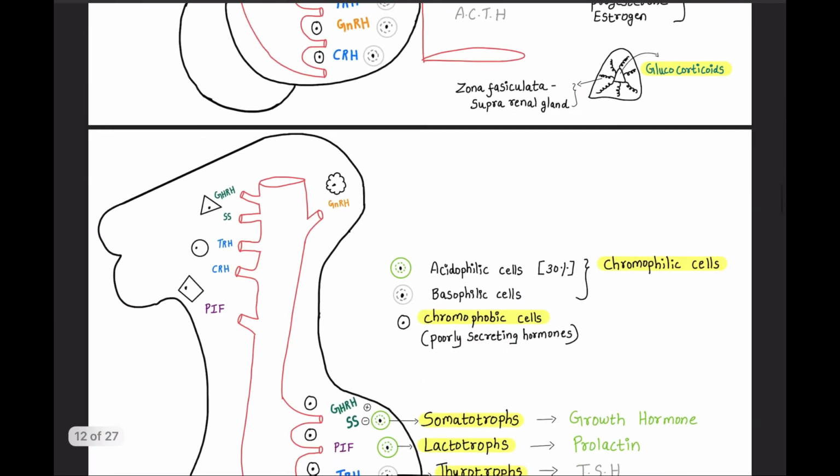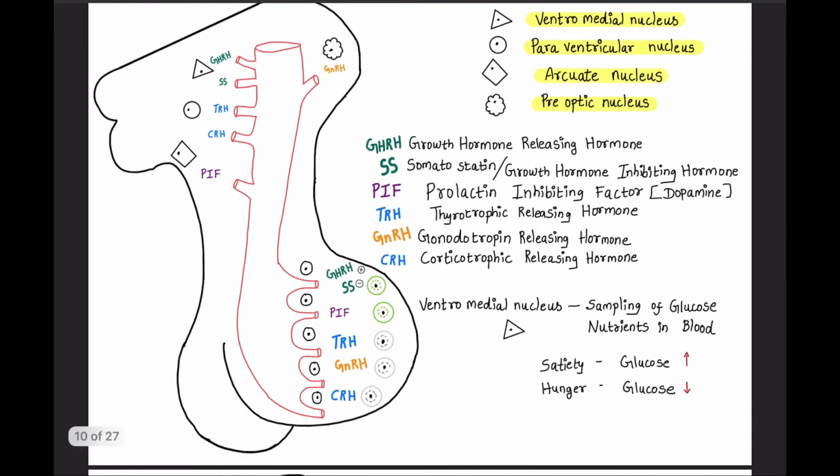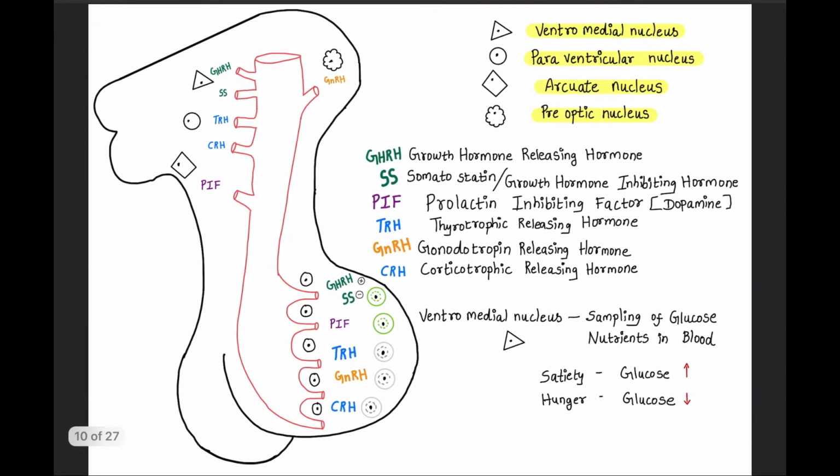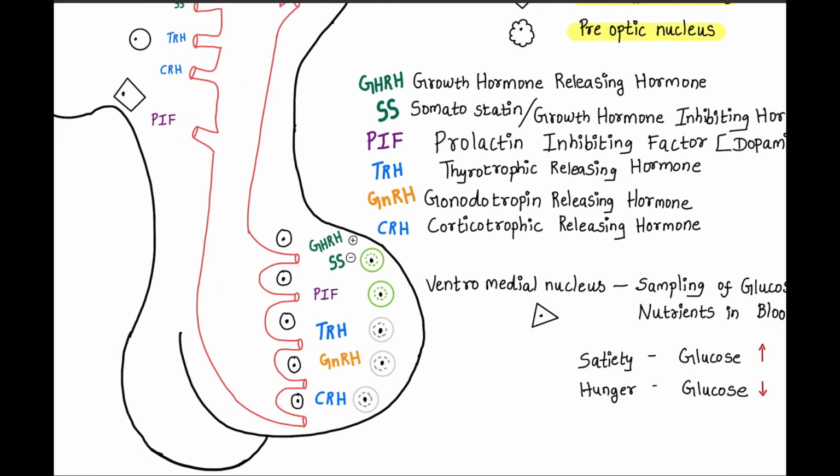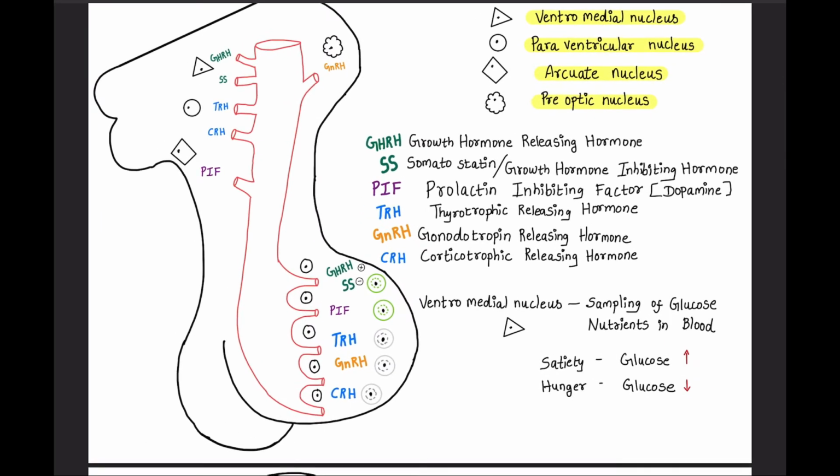You have epithelial cells. In the anterior pituitary gland you have matured cells and also immature cells. These immature cells do not secrete hormones, or you can say they are poor secretors of hormones, because they are immature. And these matured cells are able to secrete hormones.